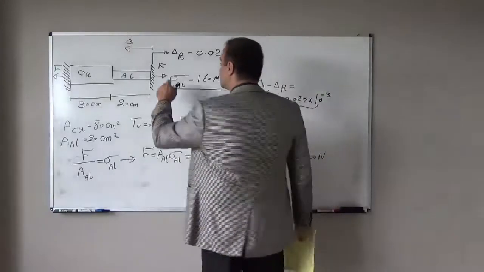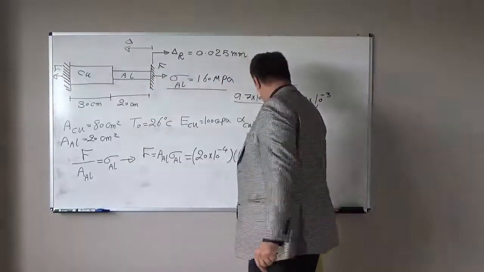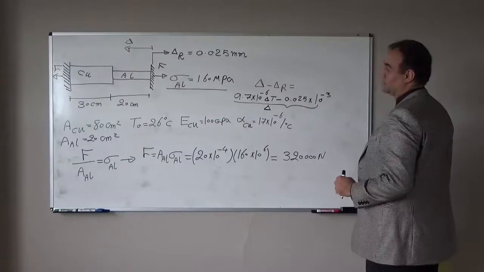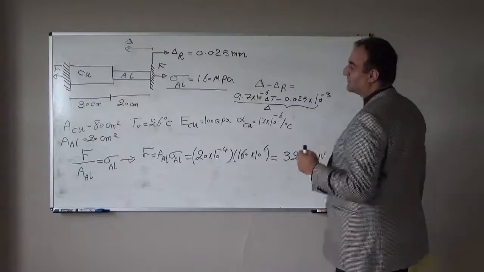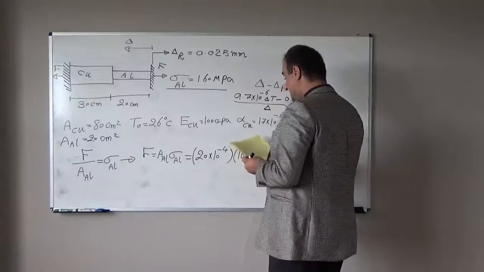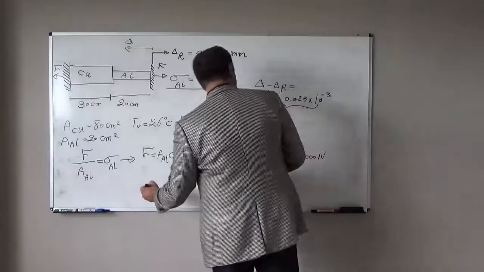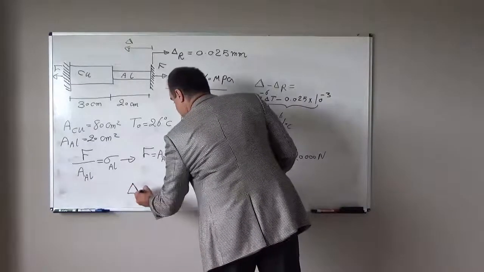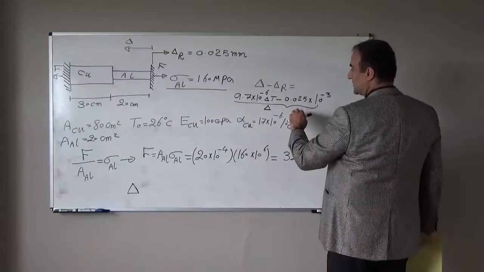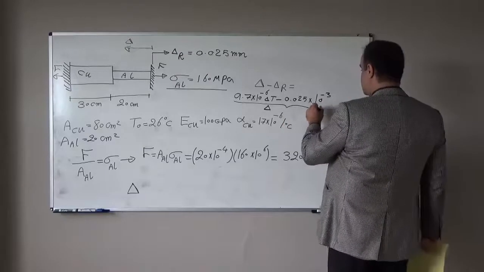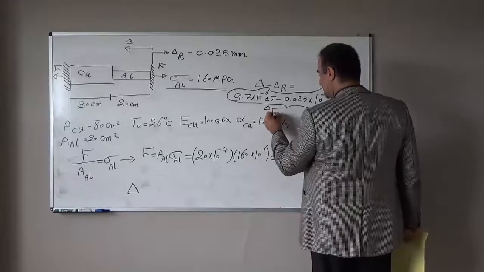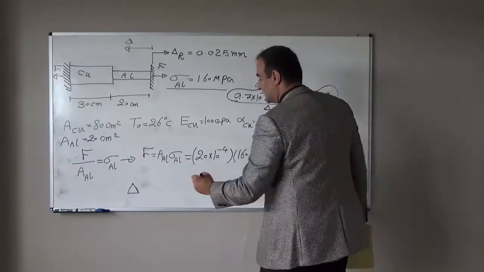So we want this force to be 320,000 Newton. If I apply that force here, what will be the deformation in the entire assembly? The deformation in the entire assembly should be equal to this deformation. I show this deformation with delta and this F, the final deformation.